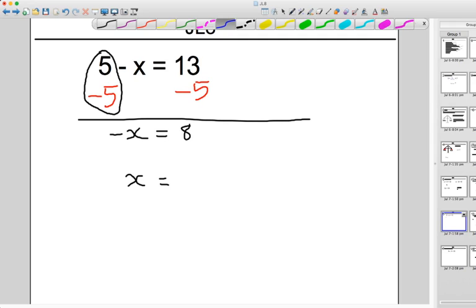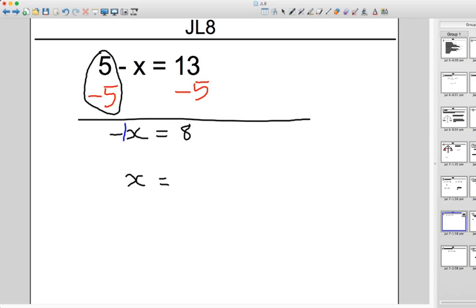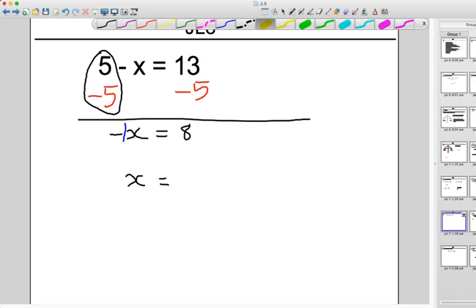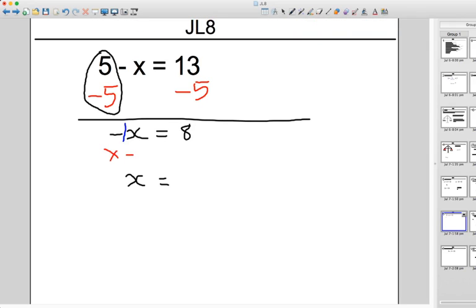Well, consider the fact that this is 1x. There's only 1x there, and I've got minus 1 in front. If I then times this side by minus 1 and times this side by minus 1, because whatever I do on the left I've got to do on the right, minus times a minus will give me a positive, and 8 times minus 1 will be minus 8.